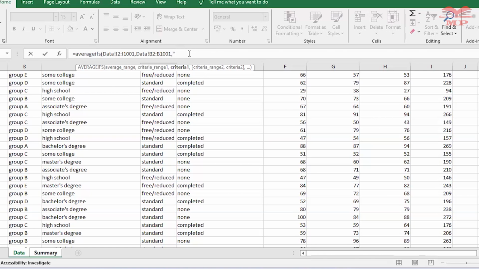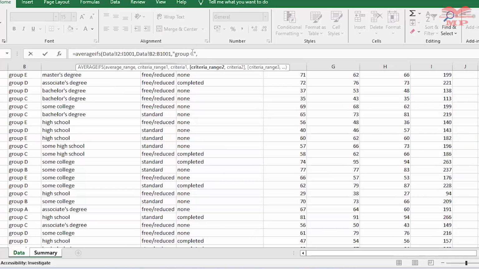So let's try this first of all. Let's just try this first. Let me put group. It should be a more efficient way of doing this. Group C. Then I can use the same criteria range to select the same group.